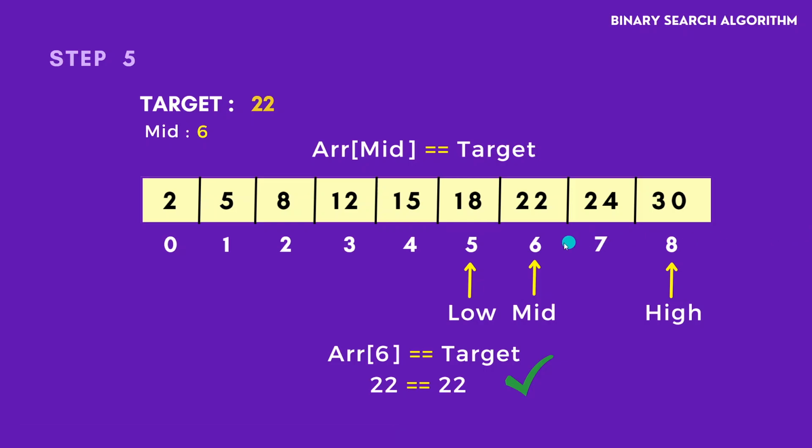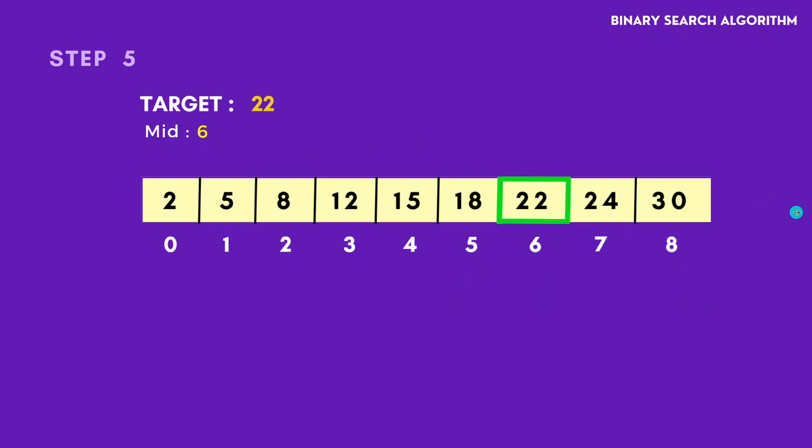Mid is 6, which is the position of this element. Target element was 22, and you found that your element lies at position 6, so your answer is also going to be 6, correct?